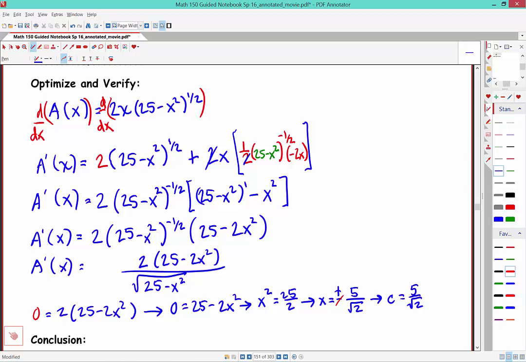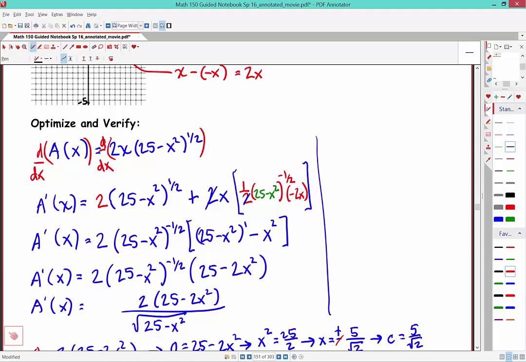Now, I don't know about you guys, but for the verification part, I certainly am not in the mood to differentiate this guy again. So I'm just going to run the first derivative test, which means we make our number line, and our x is going from 0 to what? Good, 0 to 5.